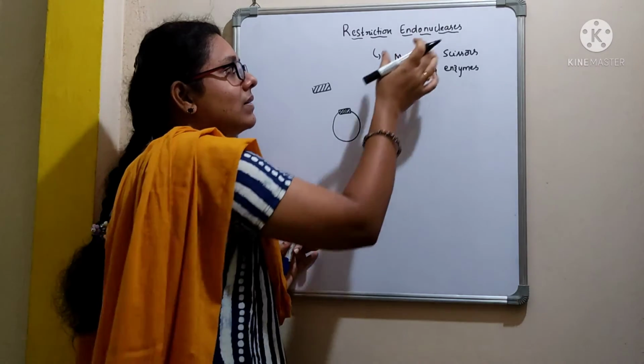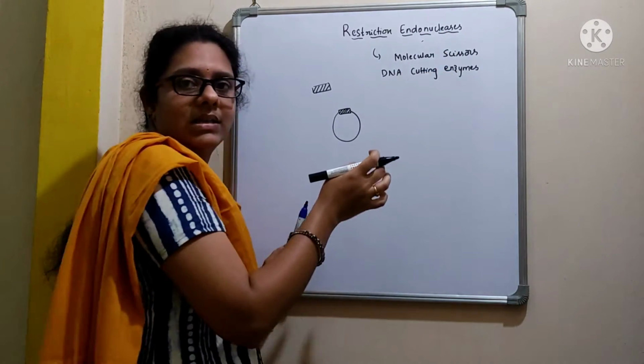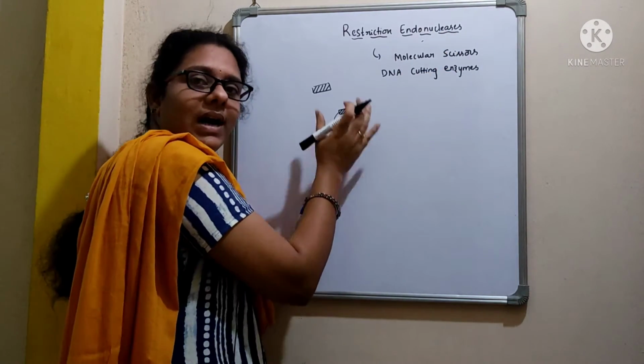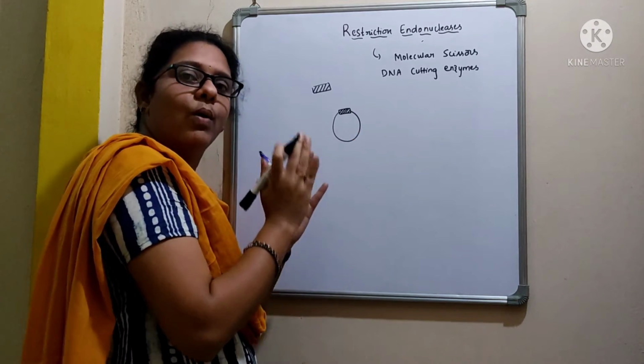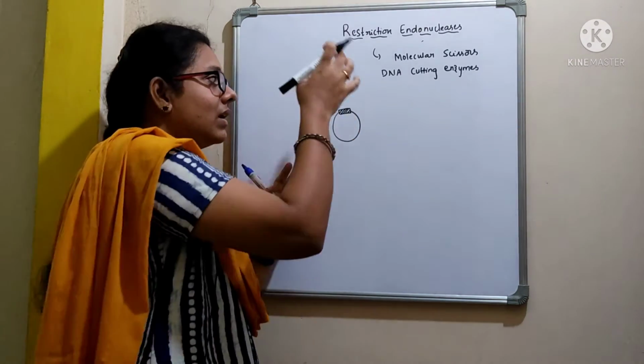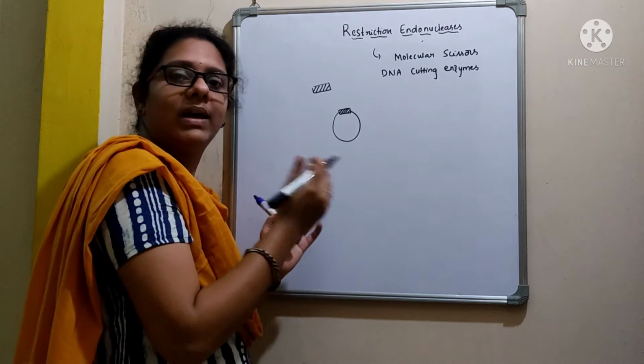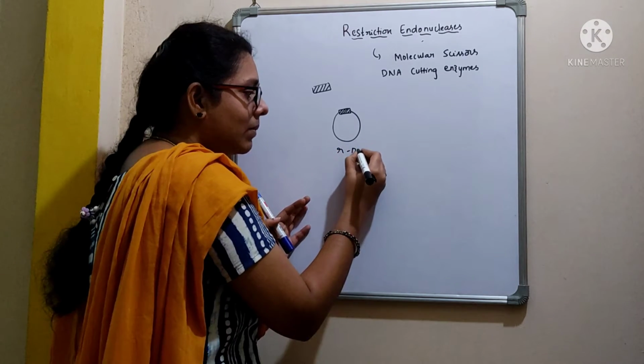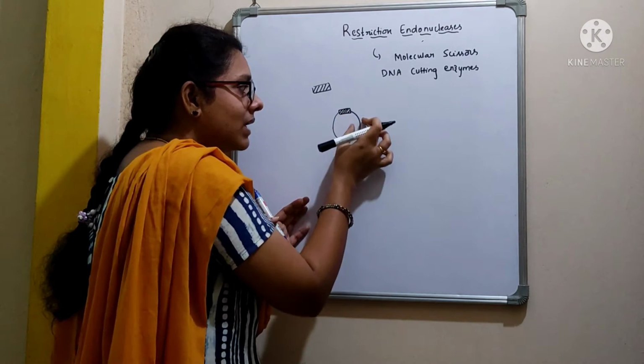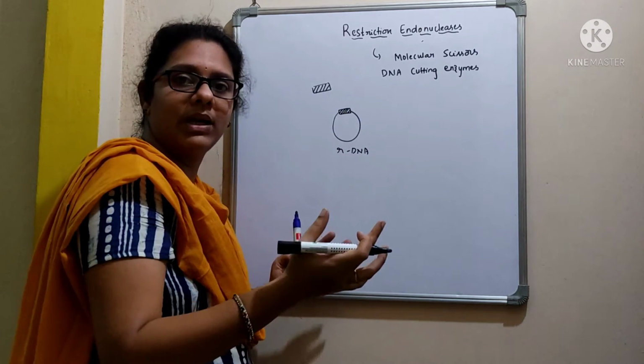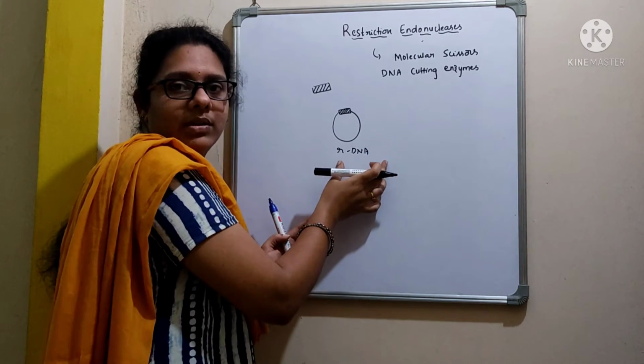So I am saying that these enzymes are the DNA cutting enzymes. Here it is going to cut the DNA and open up the vector where we can introduce the gene of interest to make a recombinant DNA molecule, because here we are combining two different genes, that we simply call recombination.